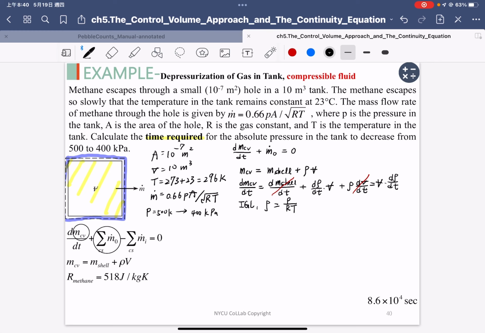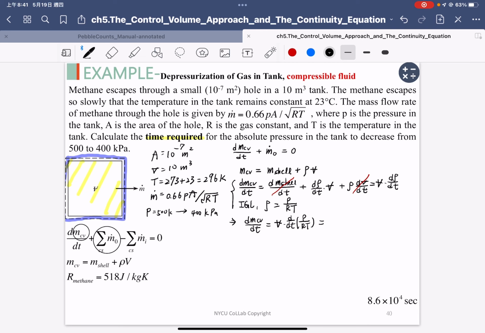So based on the two equations, we can rewrite dm_CV/dt as the total volume times d/dt of the density, replaced by the ideal gas law, so the inside is the pressure divided by RT.